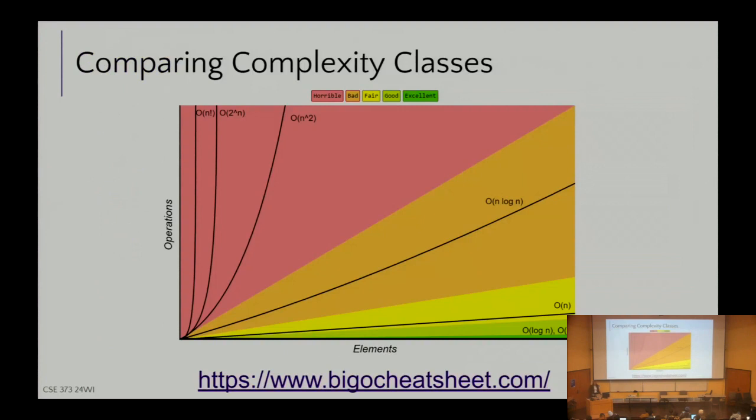Here we go, this is the picture I was waiting for. This is a pretty helpful website, Big O cheat sheet. They even have a poster you can print out. Here's a way to think about the stack rank of how these complexity classes relate to each other. Down here in the green is constant, the slowest growing class because it's flat.